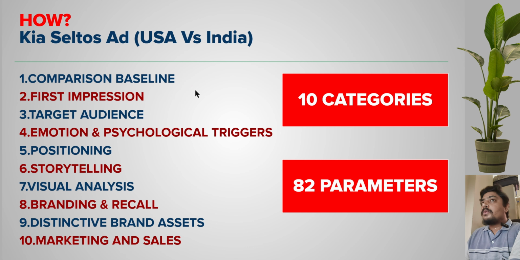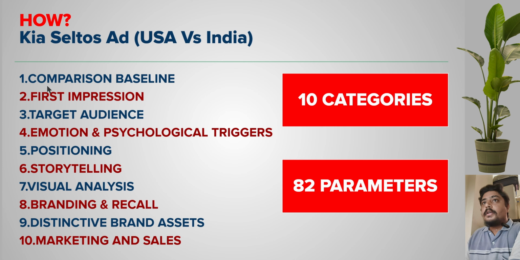So how we are going to do this is we have 10 categories and almost 82 parameters on which we will analyze both the ads. They are the same categories and the same 82 parameters. Both the ads will be studied on the basis of these 10 categories and 82 parameters. Here at the left you can see the 10 categories.